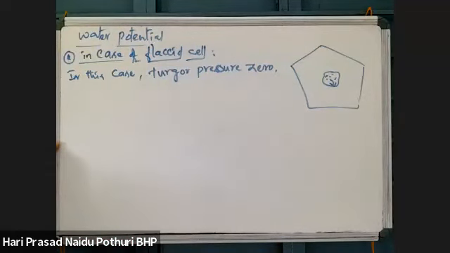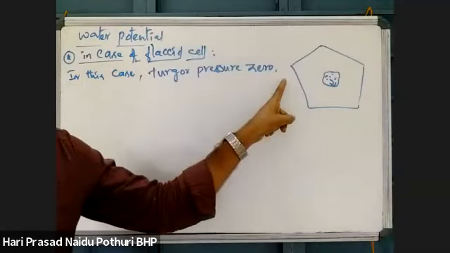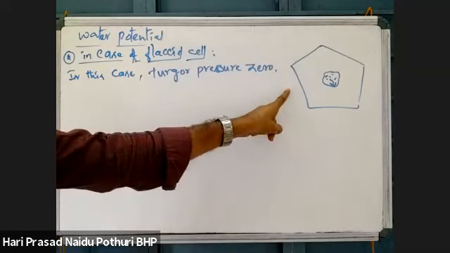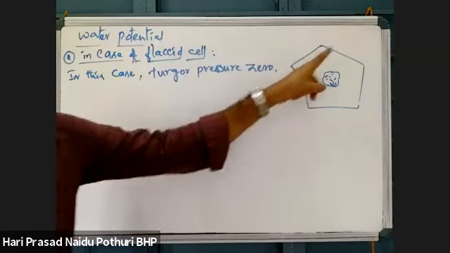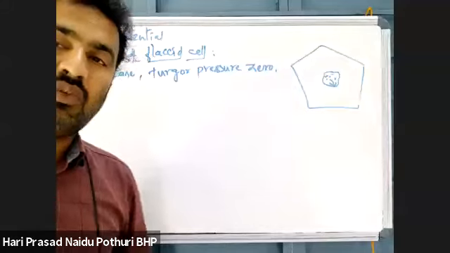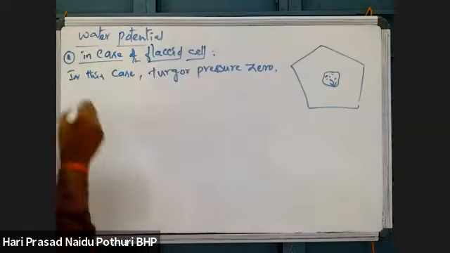There is no opposite force. Okay. So here what happens? Turgor pressure is 0. Here the cell with turgor pressure 0 has osmotic potential which is equal to water potential.